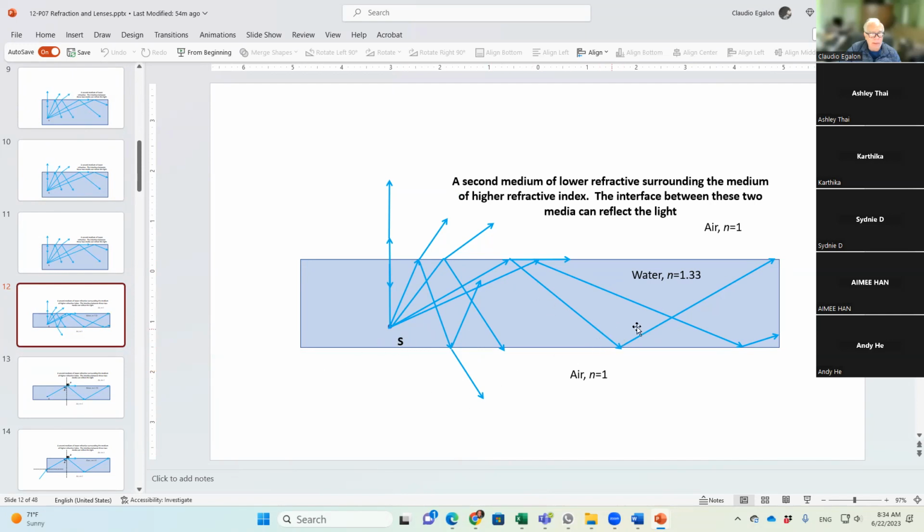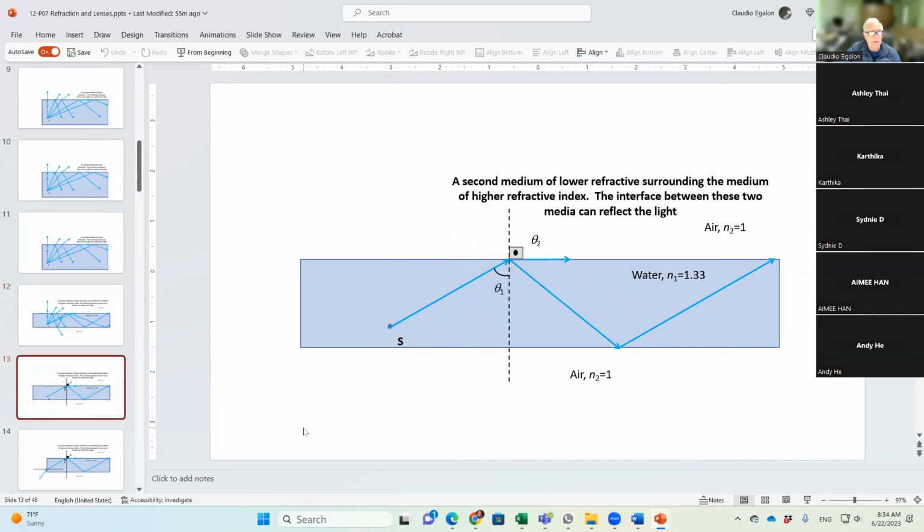That's what we call total internal reflection, and that's the phenomenon exploited by optical fibers.